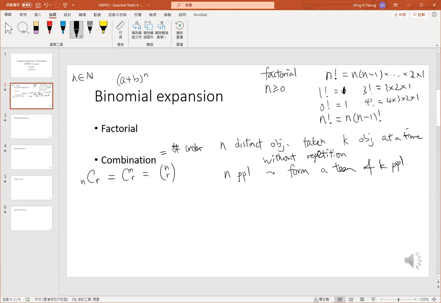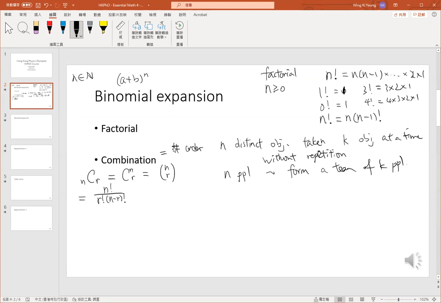And then you are finding the number of combinations that can be formed, or the number of teams that can be formed. So the combination nCr is defined as n factorial divided by r factorial times n minus r factorial. Okay, this is how the combination is defined.